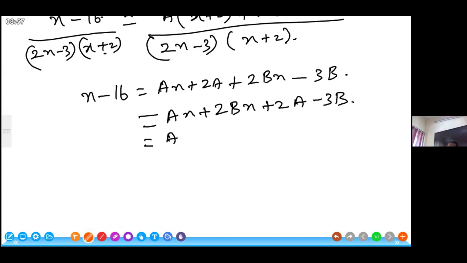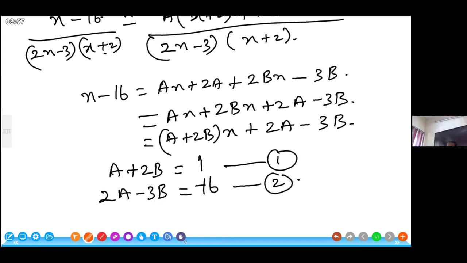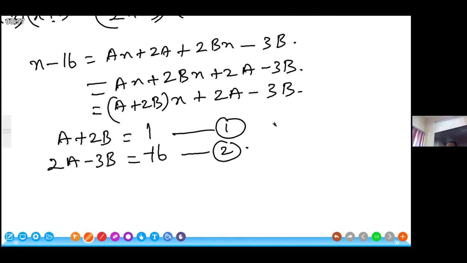Write it as (a plus 2b) into x plus (2a minus 3b). So a plus 2b is equal to 1. That is your first equation. 2a minus 3b is equal to minus 16. That is your second equation. Can you find out the values for a and b?